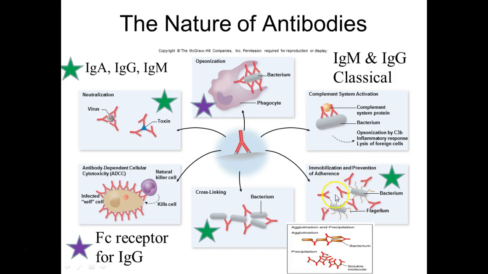We can immobilize and prevent adherence with the use of antibodies. We can cross-link them, and we can agglutinate or precipitate depending on what type of antigen we're talking about. We can cause natural killer cells to kill it if it's coated in IgGs. And we can neutralize things like viruses and toxins by having antibodies bind to them and stop them from doing their action.